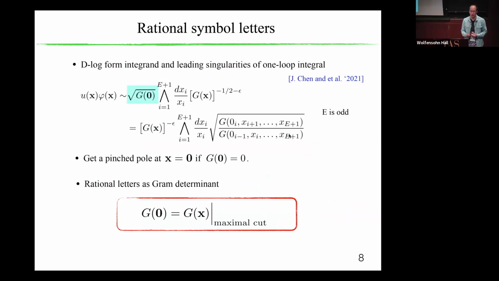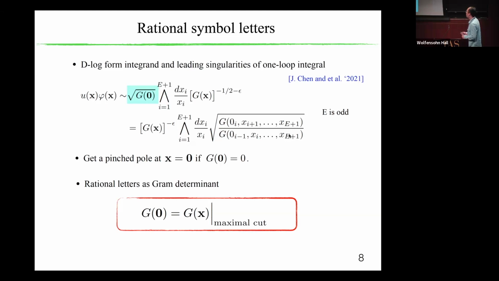related to leading singularities. Okay, now for the integral with an even number of external momenta, the canonical basis or d-log form integrand can be rewritten this way. This square root is just to compensate, to make it a d-log.